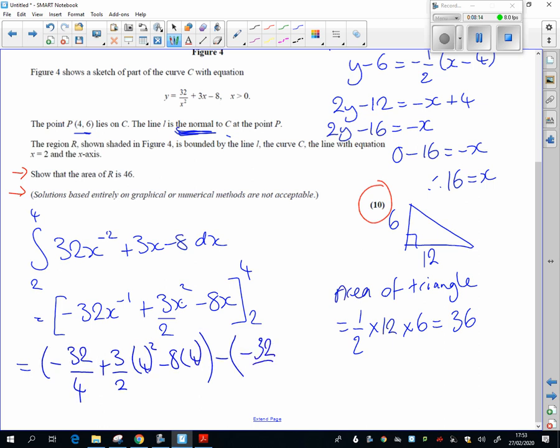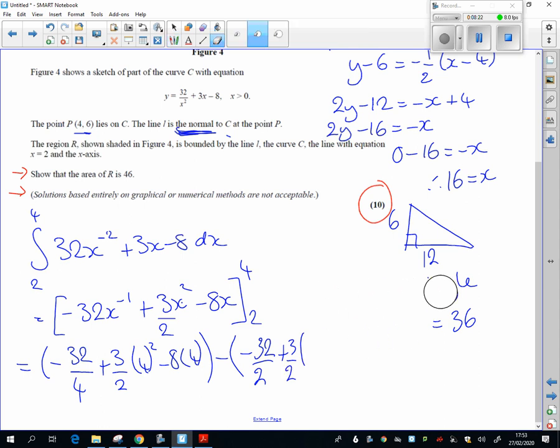So 32 over 2 plus 3 over 2 times, okay, all right, don't do this, but I'm just going to rub that out because I'm running out of space. Okay, so 3 over 2 times x squared minus 8.